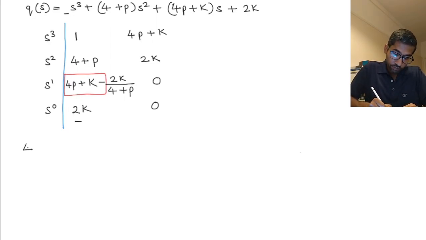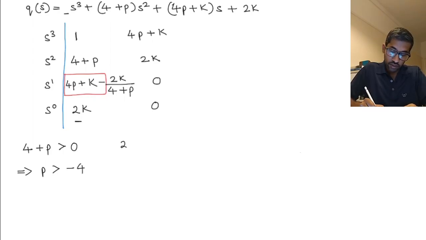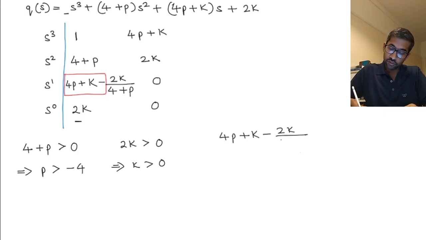So we have 4 plus p greater than 0, which implies that p is greater than minus 4. That's one condition. The second condition would be the easier one: 2k greater than 0, which means that k is greater than 0.